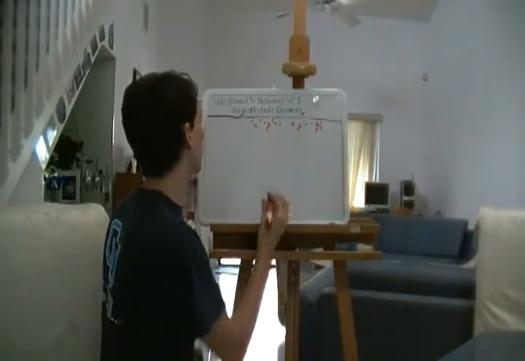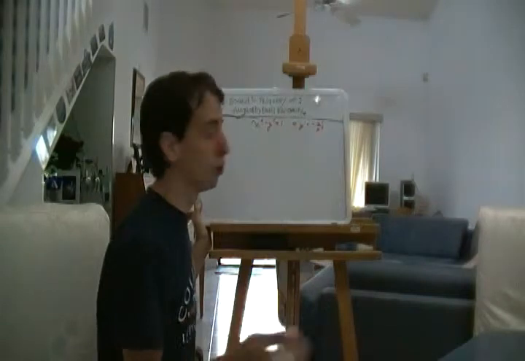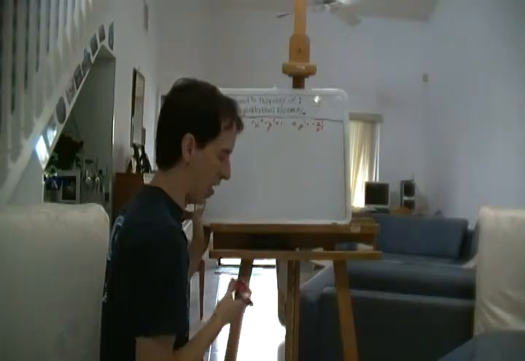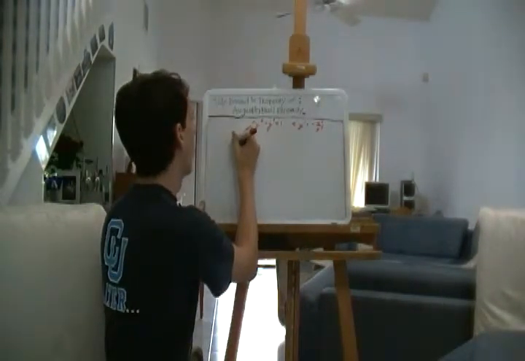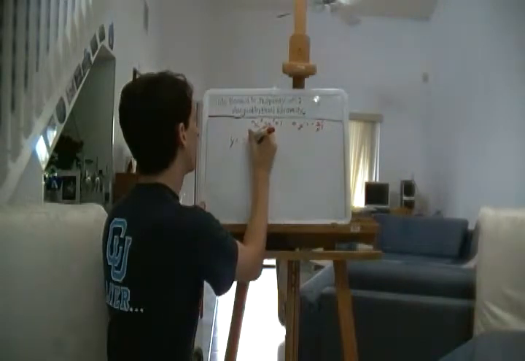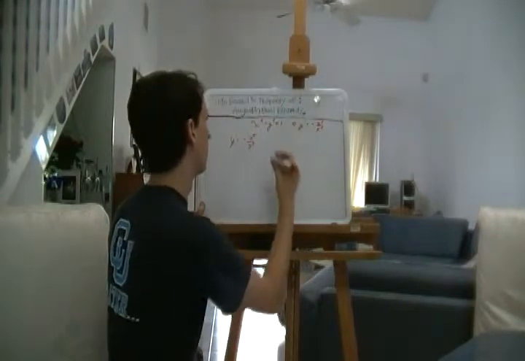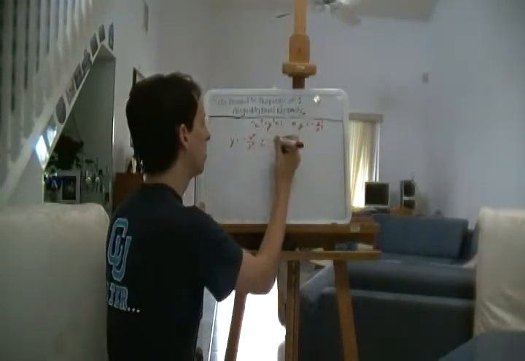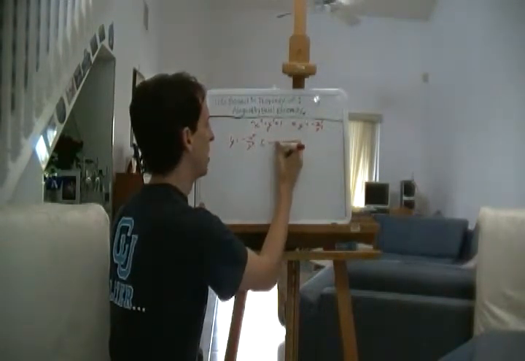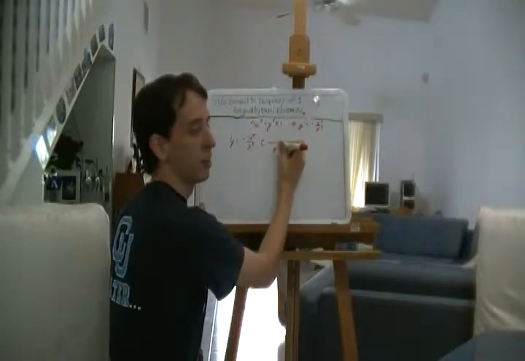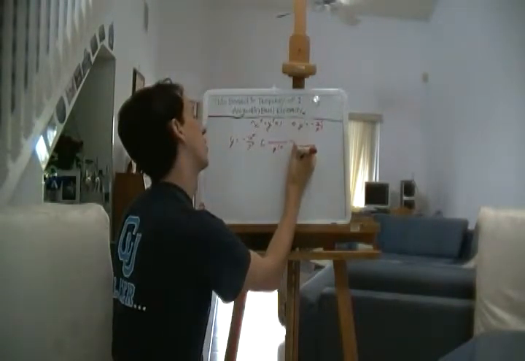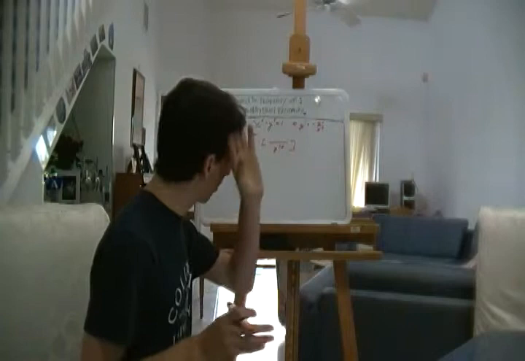We're going to need the quotient rule because we've got to take the derivative of that. The denominator is going to be y to the 5th squared, or y to the 10th.